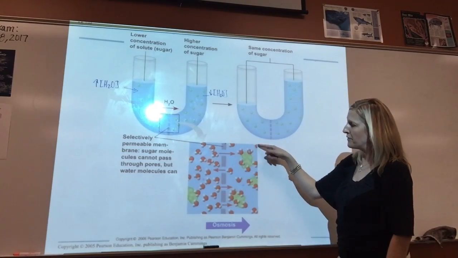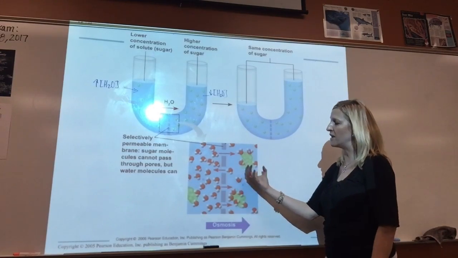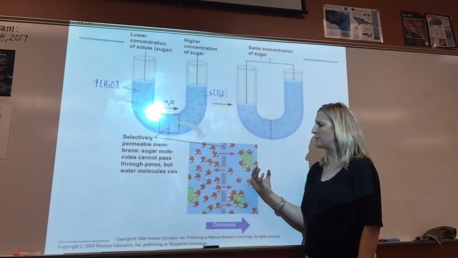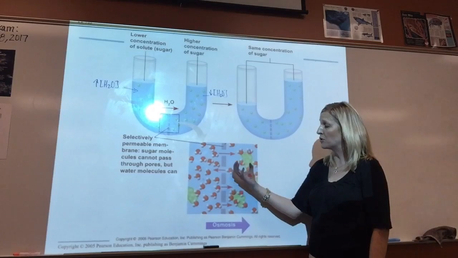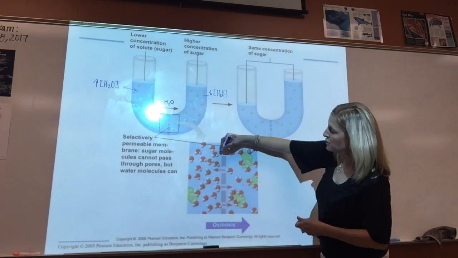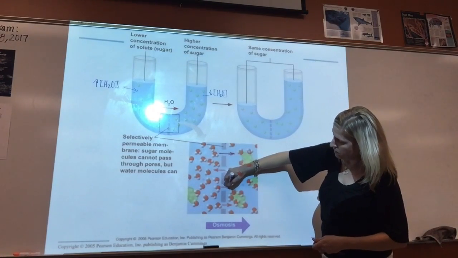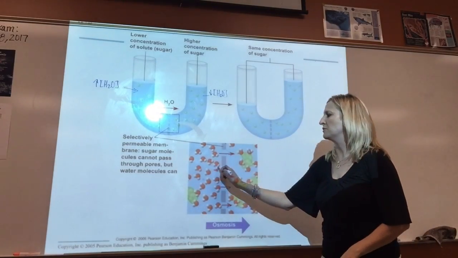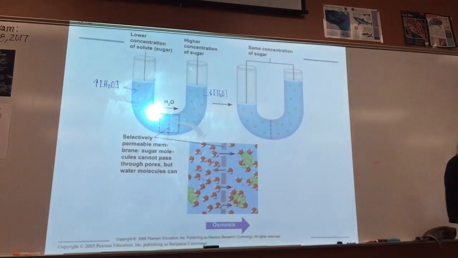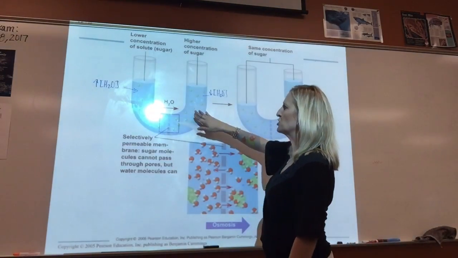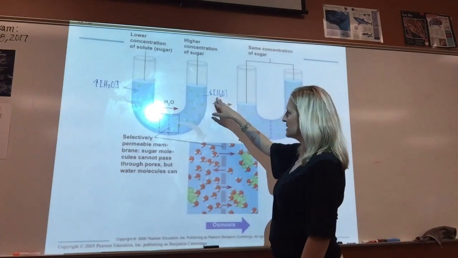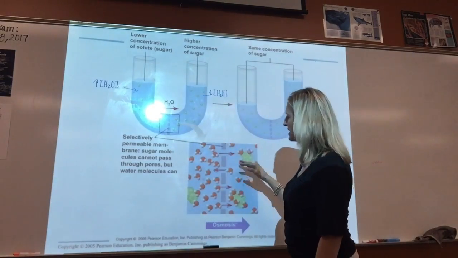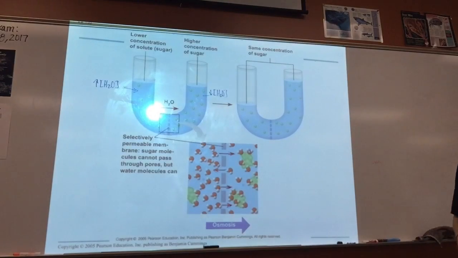There's very few of them free over here, so the chances of those few free molecules bouncing around and hitting the pores are less. So therefore, you have more water moving from left to right than you do right to left. All right, and so that's why having more sugar decreases the concentration of free water and therefore ties up those water molecules so that they can't diffuse.